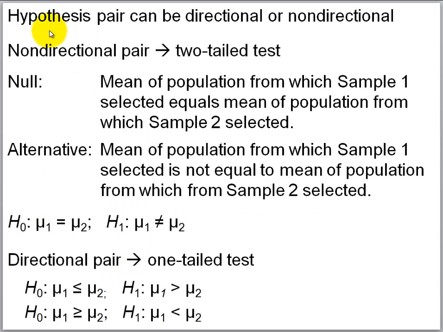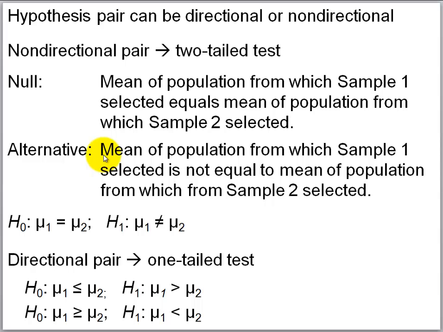Hypothesis pairs can be either directional or non-directional. If you have a non-directional pair, you're going to have a two-tailed test. If you have a directional pair, you're going to have a one-tailed test. In words, the non-directional pair, two-tailed test: the mean of the population from which sample 1 has been selected equals the mean of the population from which sample 2 has been selected.